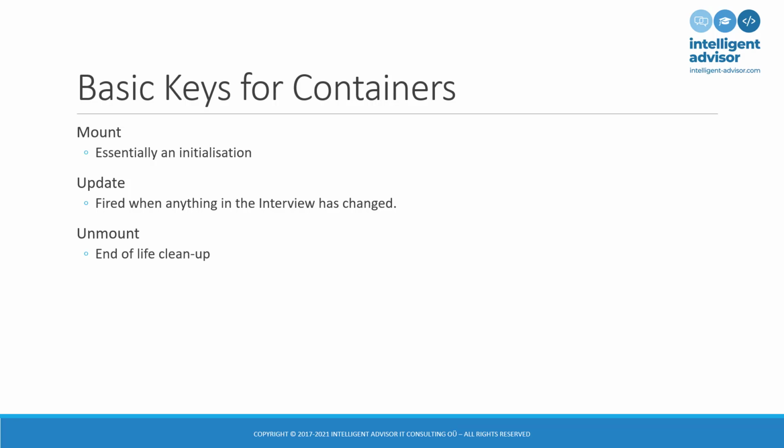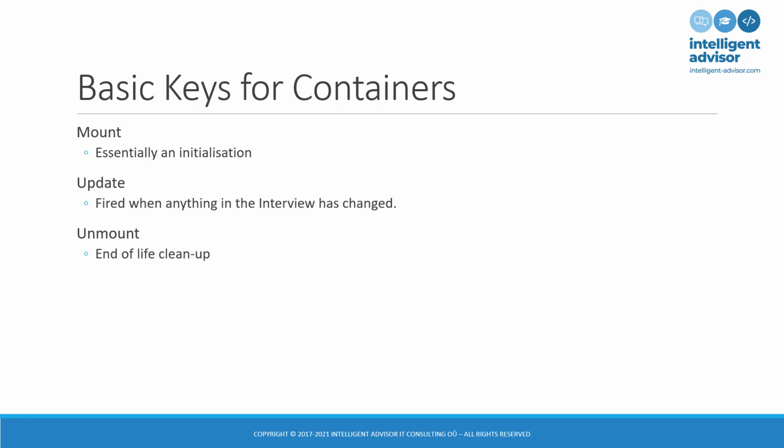You would, for example, in the mount, write code to draw the box, or whatever it is that you're planning to render as HTML. In the update key, if your box or whatever's in it needs to be updated because something else has happened, then you would need to write code in here to handle the update. And to be good citizens, you should also write code in unmount, which is essentially the end of life.